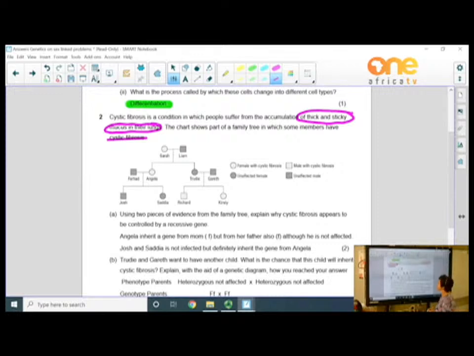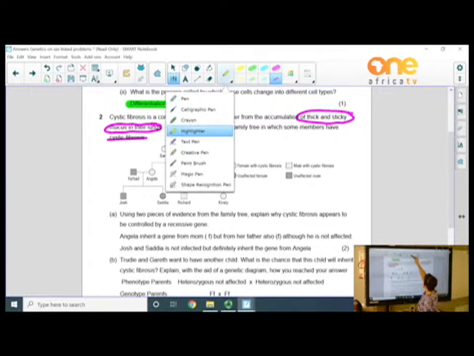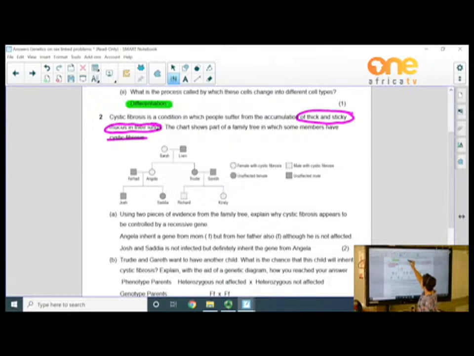Now, here we see males and females that suffers from this, and I want us now to have a clear understanding of the female and another female. Those that are colored is unaffected. Those that's only a circle, it has cystic fibrosis.